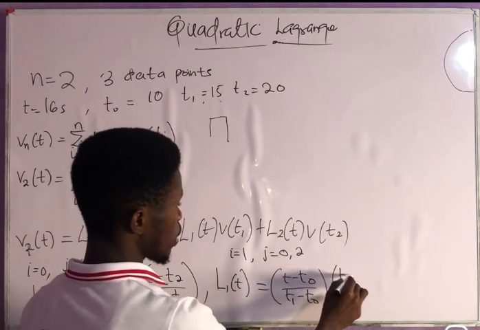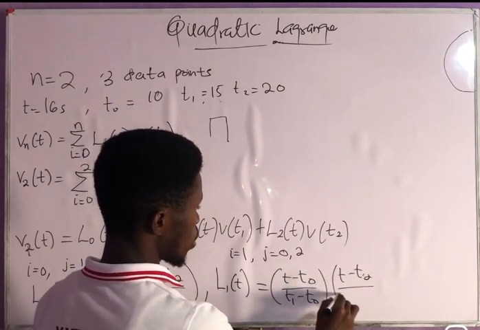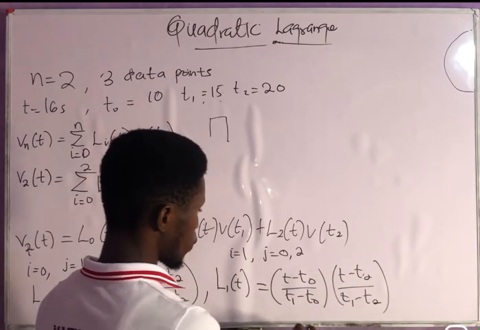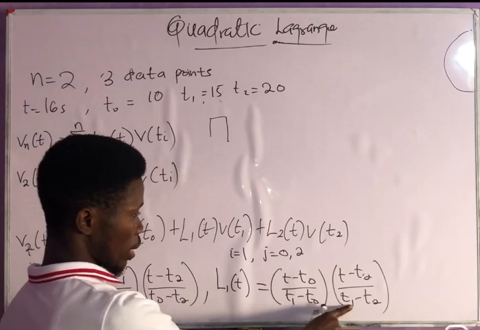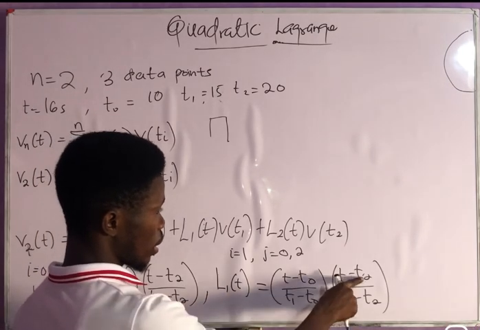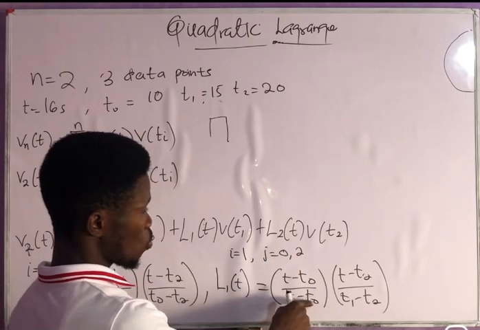Then here it becomes t minus t2 over t1 minus t2. Because here, this is the i, and the i is 1, and this is j, 0 and 2.